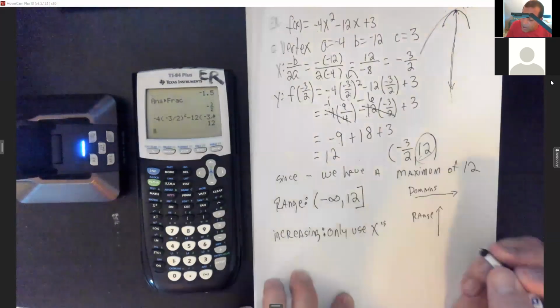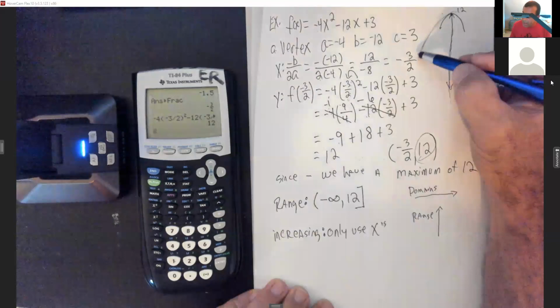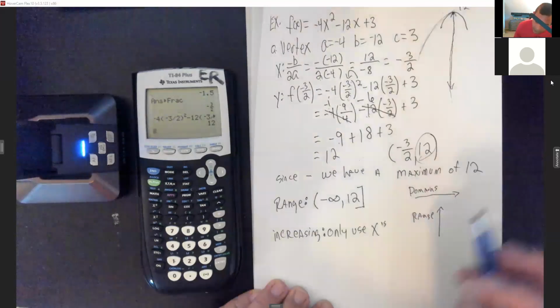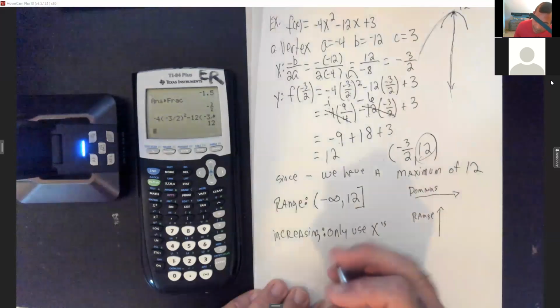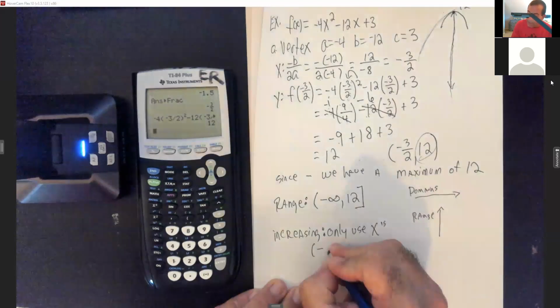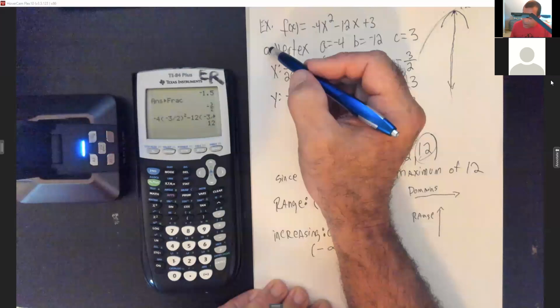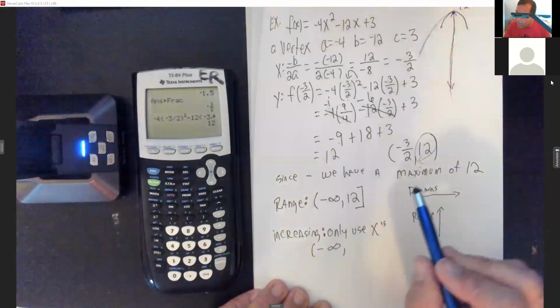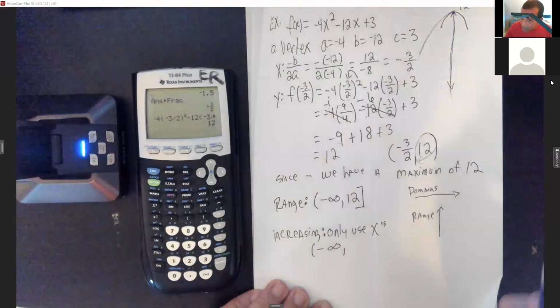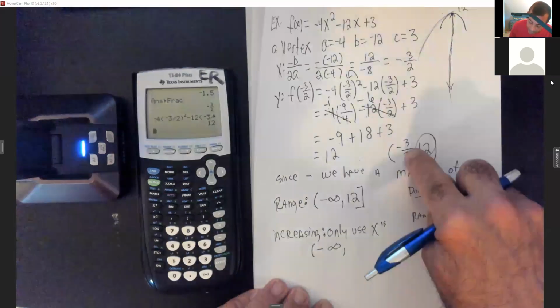So if it's increasing from left to right, that means it's starting over here from negative infinity, because that's far as left as you can go is negative infinity. And this is increasing on my graph until I hit the x value of negative 3/2.